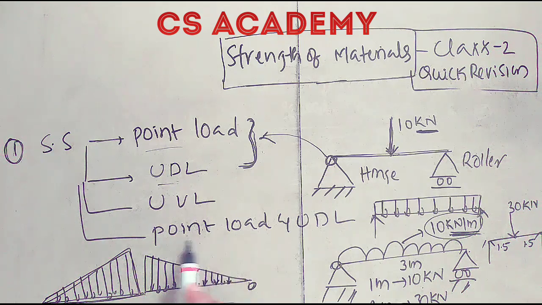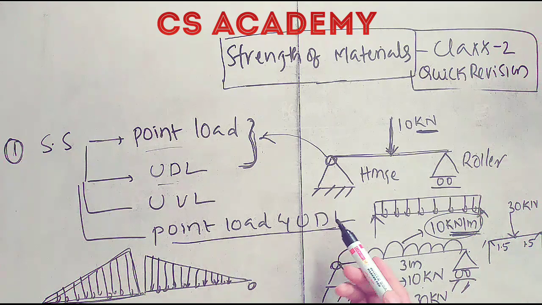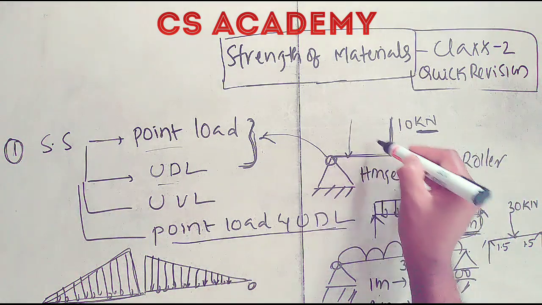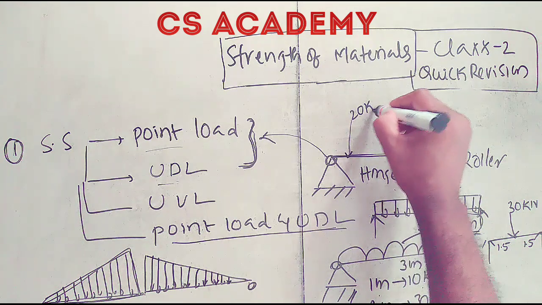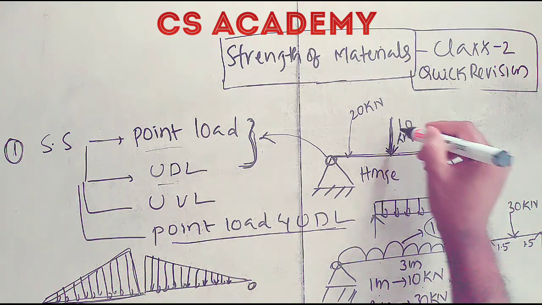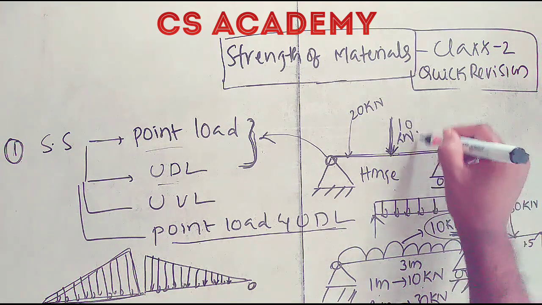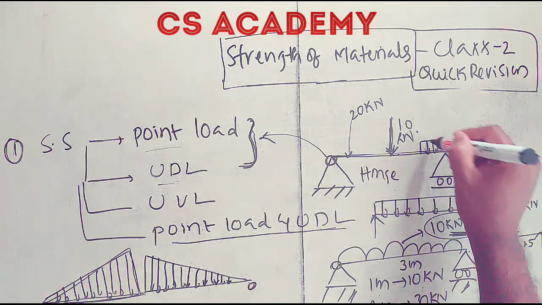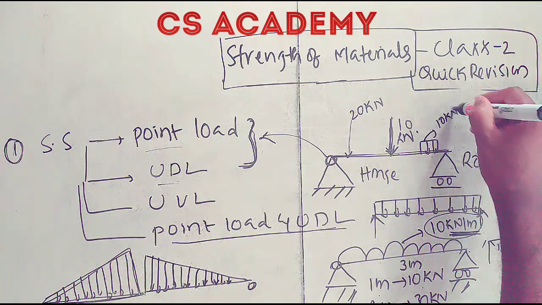And the next is the combination of a point load with a UDL. See here, this is a point load of 20 kilonewtons, and here is one more load of 10 kilonewtons. Here this UDL is acting, 10 kilonewton per meter.